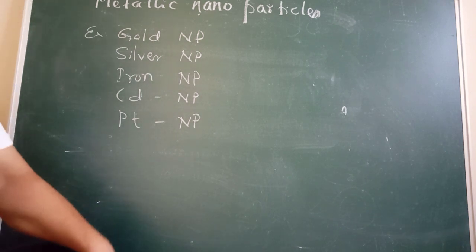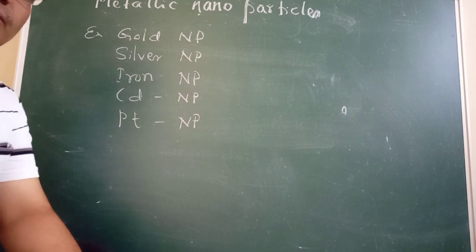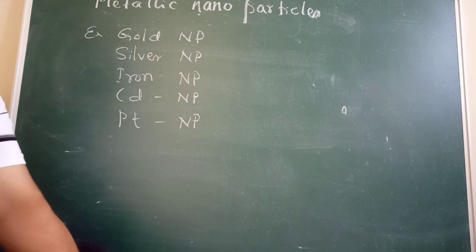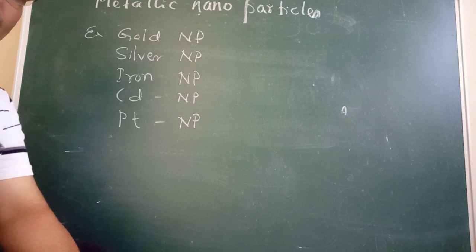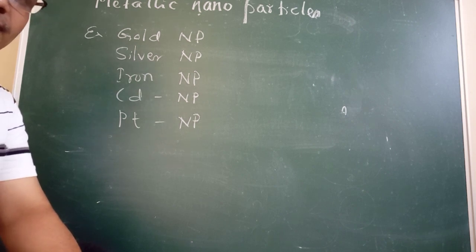Based on their properties, they have various applications. For example, gold, silver, platinum are very good metallic conductors, they are precious metals, and for that purpose, in case of conducting films, we use gold, silver and platinum nanoparticles.